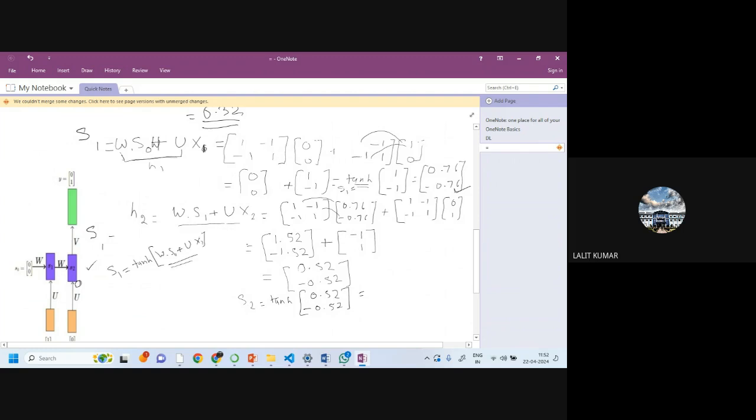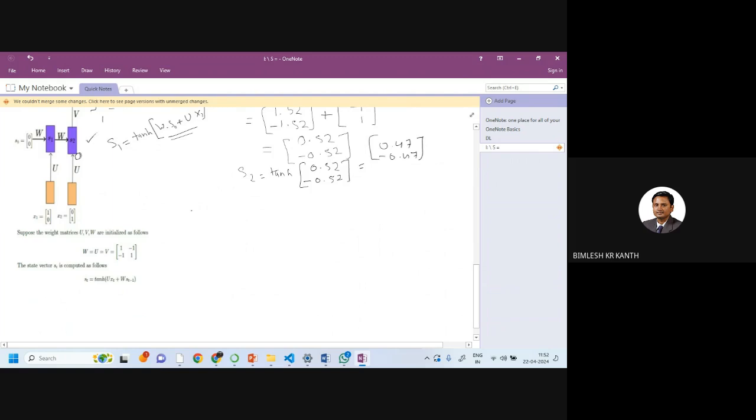So we calculated H1 from S0, then S1 as a function of H1, and then we feed that to layer 2.